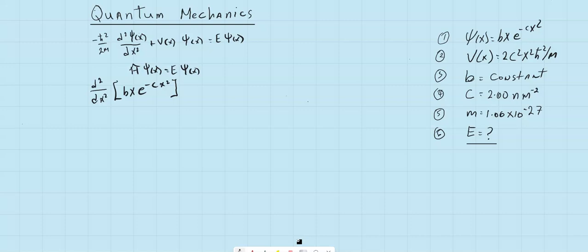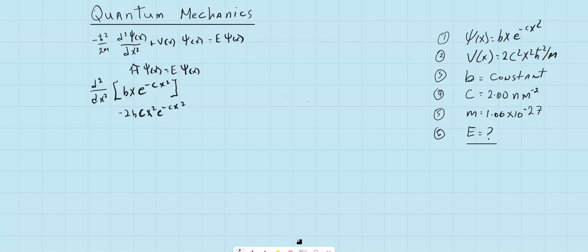We're going to leave bx alone, so this is going to be negative 2 b c x squared times e to the negative c x squared.